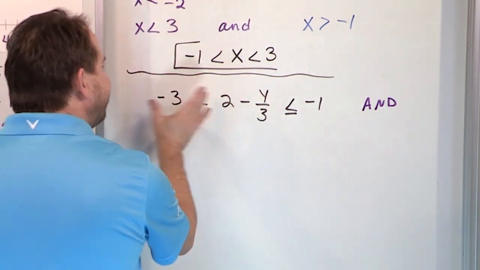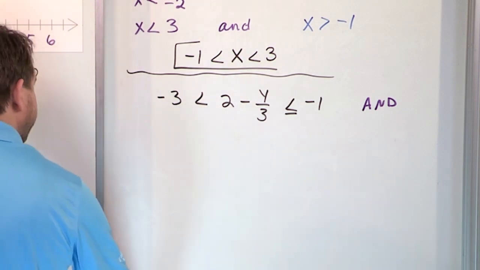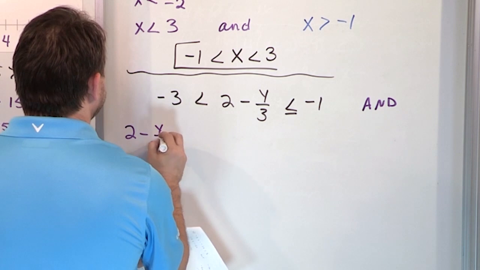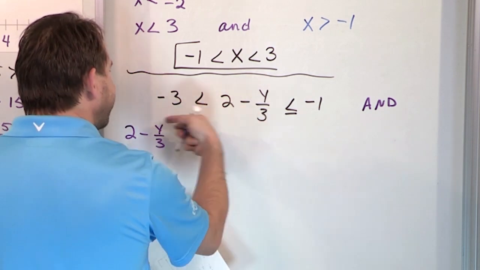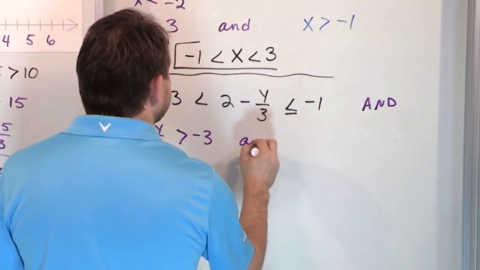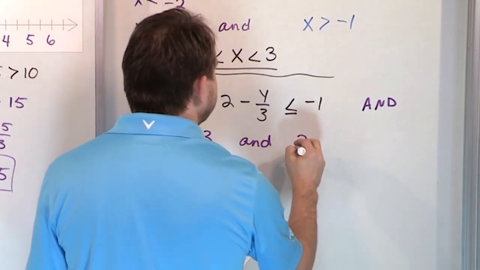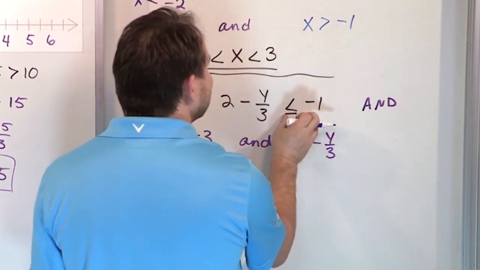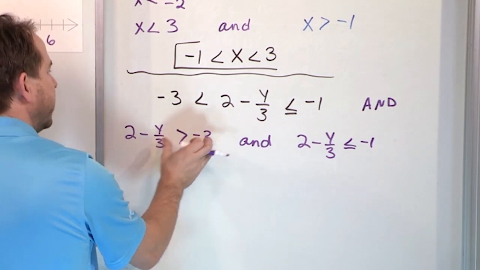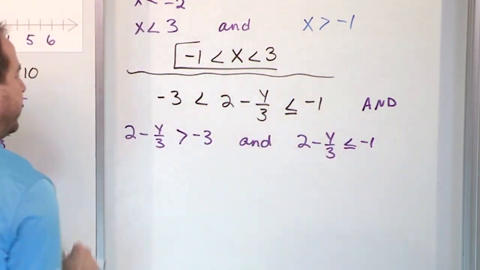And because it's basically two inequalities wrapped up in one, the first thing we're going to do is rewrite them. This goes over here, so 2 minus y over 3 greater than -3, and the inside again, 2 minus y over 3, less than or equal to -1.